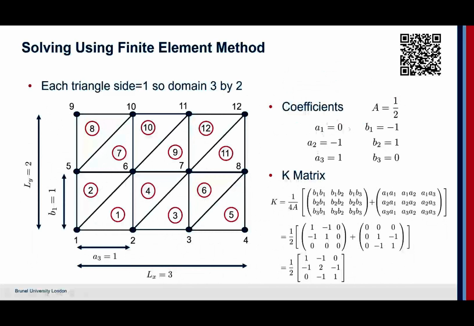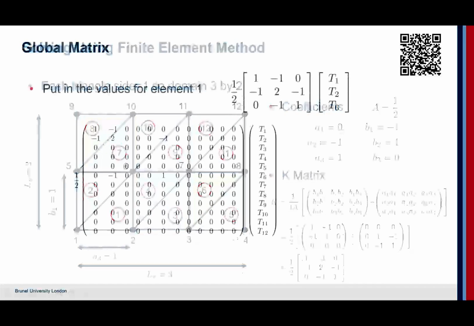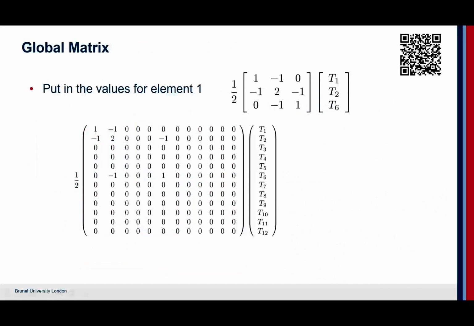So just in general, this is for A1, A2 and A3. You can see that you add these 2 together, you get the sum expression. So let's say each triangle side is 1, so our domain is 3 by 2. So each of the elements is size 1. And essentially the process of building up a global matrix, now don't be too worried about the size of this.